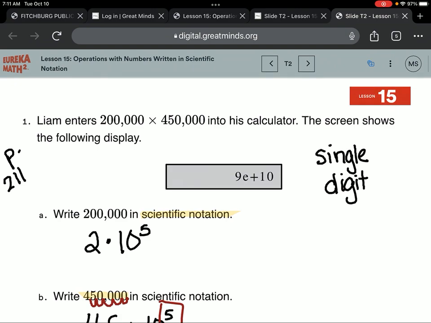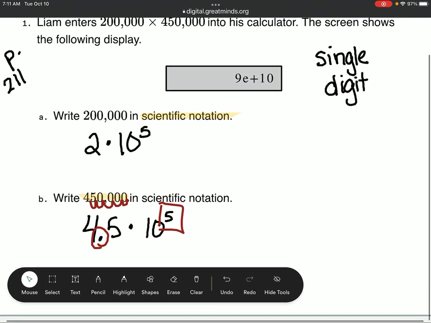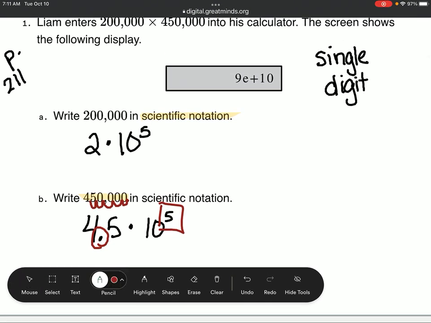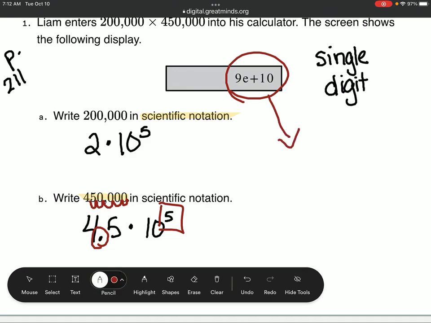I don't think it actually asks you what this means on the calculator, but on your quiz, you will be asked what this number means on a calculator and what that number is in scientific notation, which is pretty self-explanatory. This number in scientific notation would just be 9 times 10 to the 10th power.